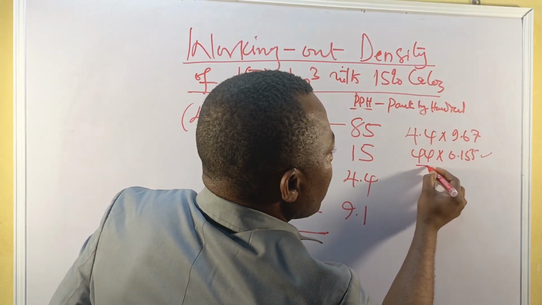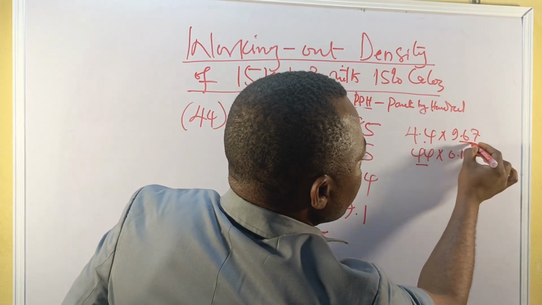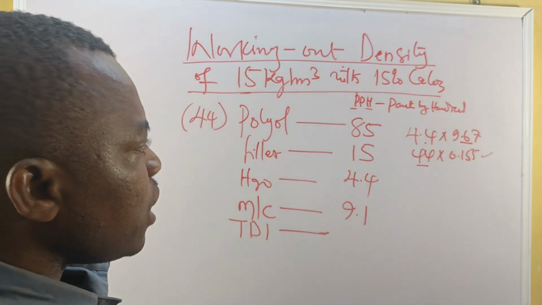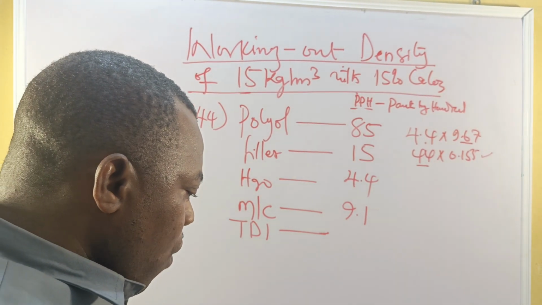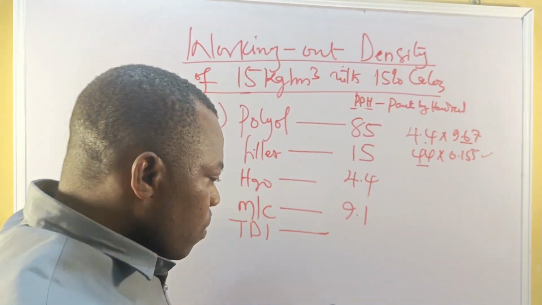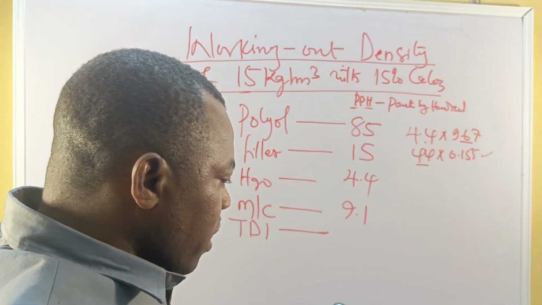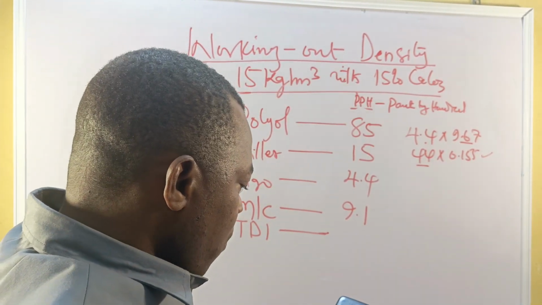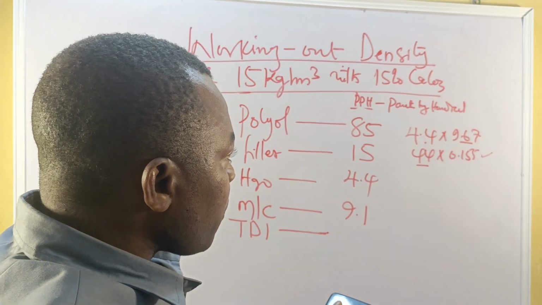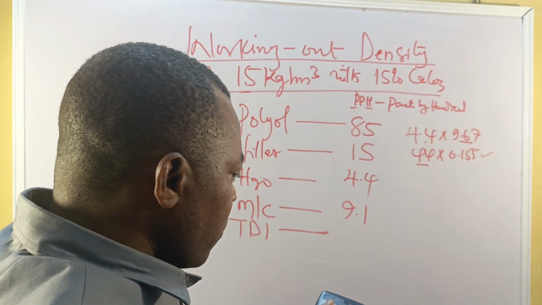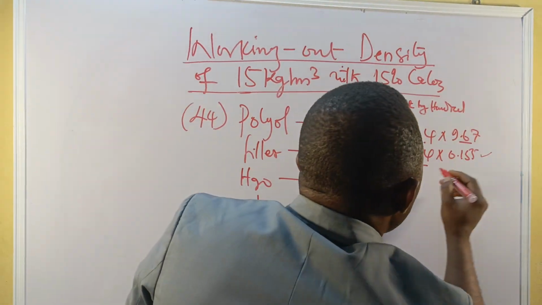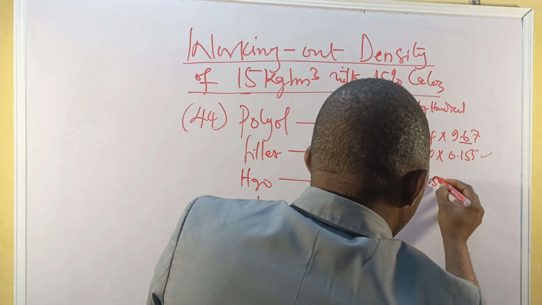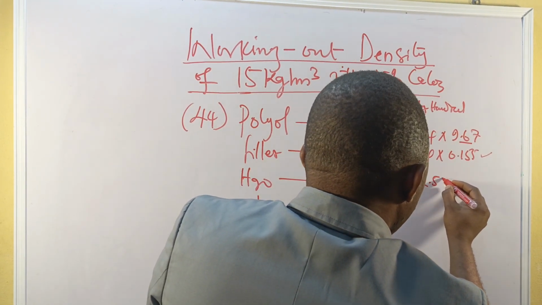So we multiply them: 4.4 times 9.67, for the first one I have 42.55.